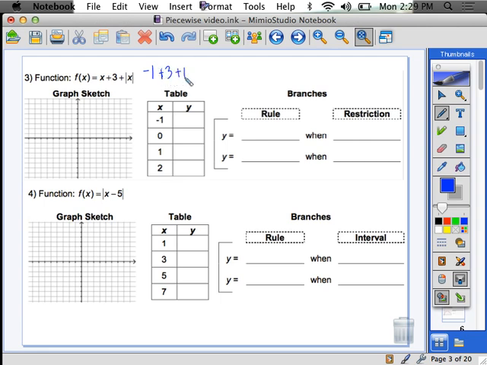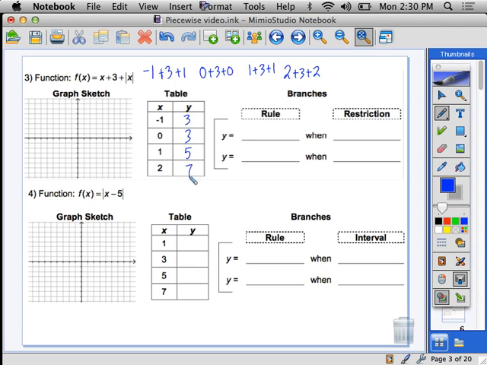So I end up getting a +3. If x is 0, I get 0 plus 3 plus 0, and I get 3 again. If x is 1, I get 1 plus 3 plus 1 gives me 5. And if x is 2, 2 plus 3 plus 2 gives me 7.